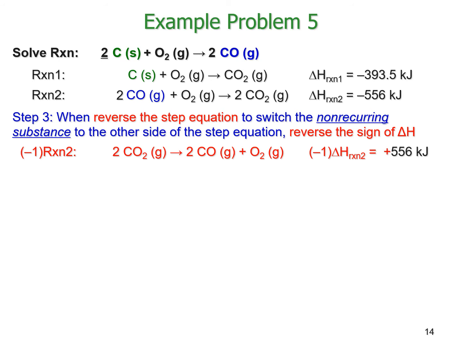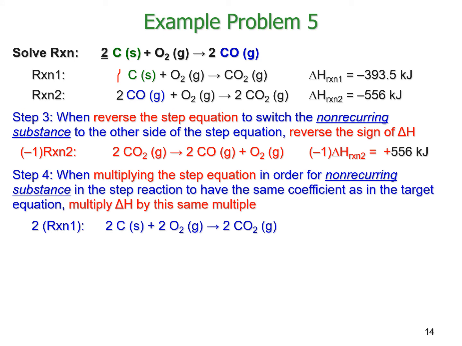There's another non-recurring substance showing in step 1, right? In reaction 1, carbon. And we find out the carbon is on the same side. But in my step reaction, the coefficient of carbon is 1. The coefficient required in my target equation is 2. So what are we going to do about it? We need to multiply this first reaction by 2.